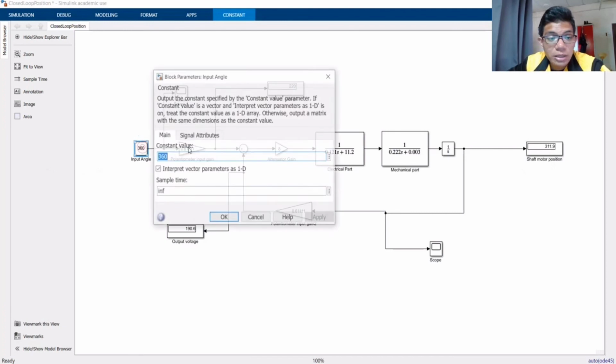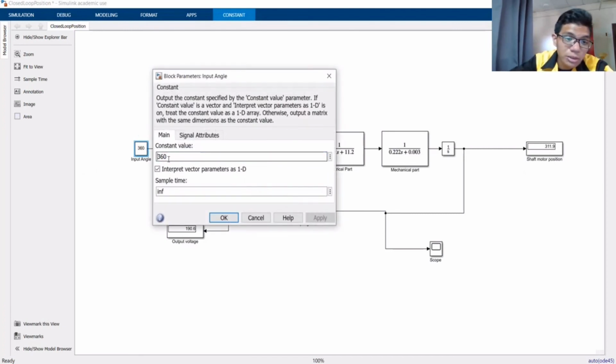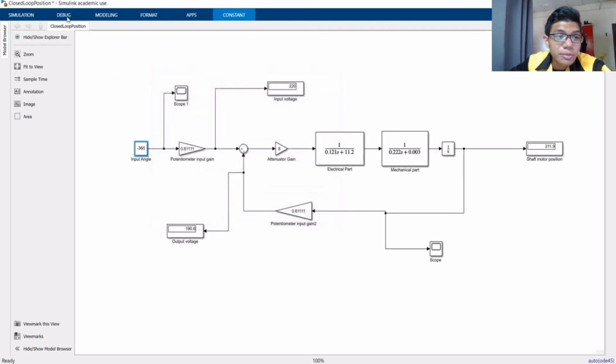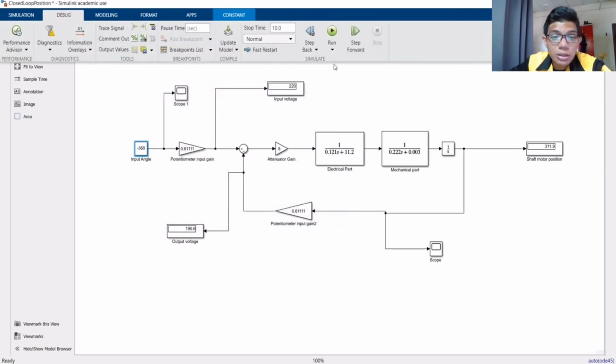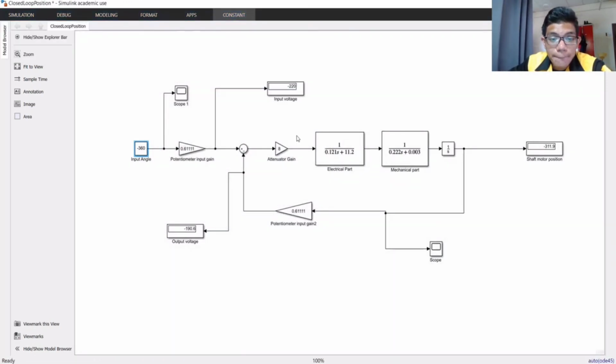So if the angle is negative 360, which indicates it is anti-clockwise, and then we run the simulation, it still gives us the same values as the positive one, except the input voltage is negative 220 volts and the shaft motor position is negative 311.9.